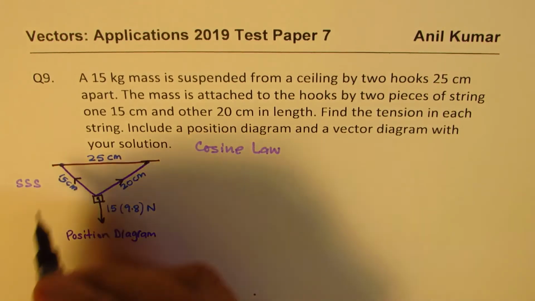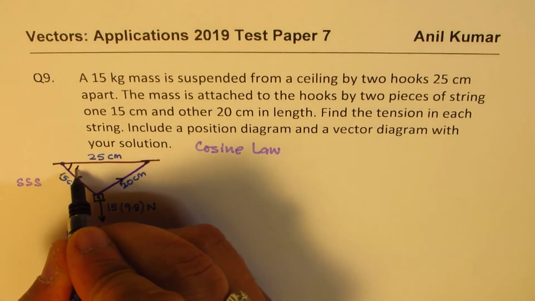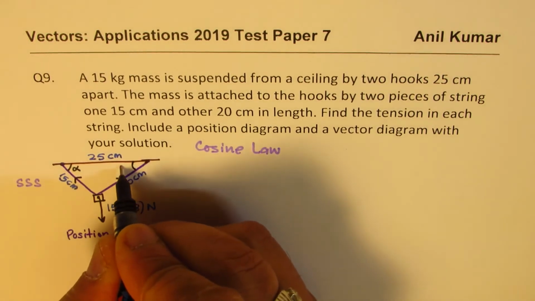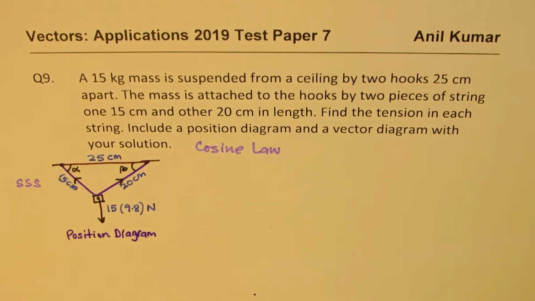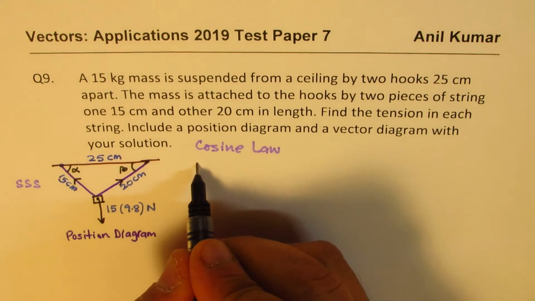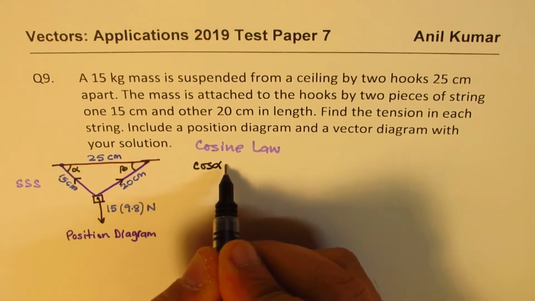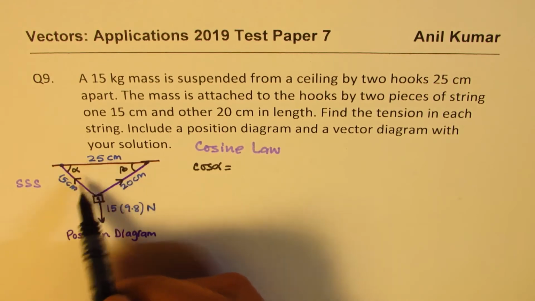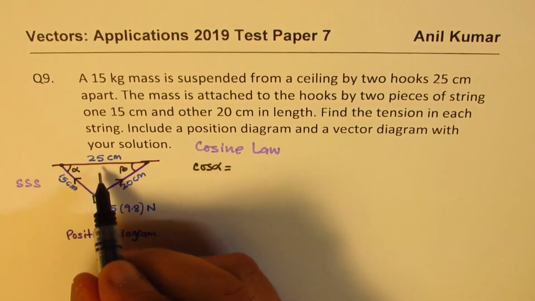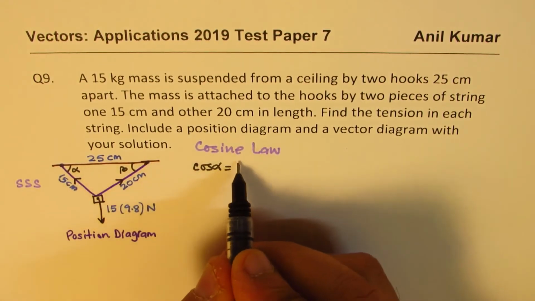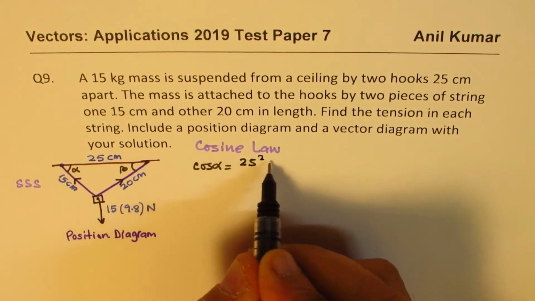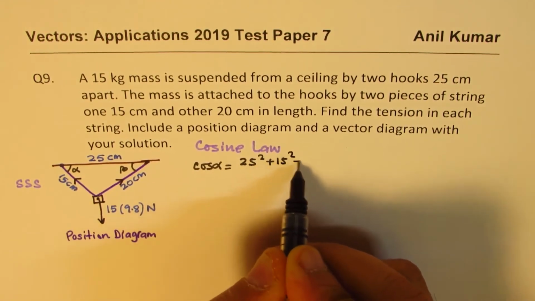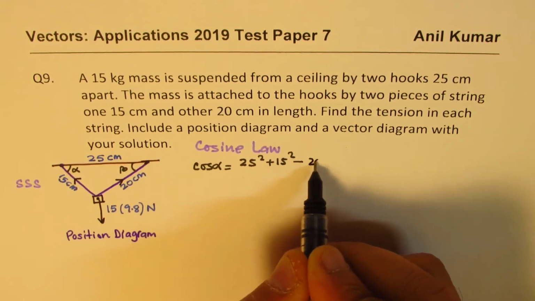Let's call these angles alpha and beta. Okay, so what is cos alpha? So cos alpha will be, you have to add the squares of these two sides which are adjacent to it, right? SAS, these two sides. So we get 25 square plus 15 square, and take away the other side which is far away.